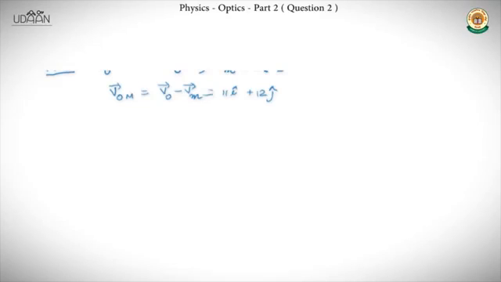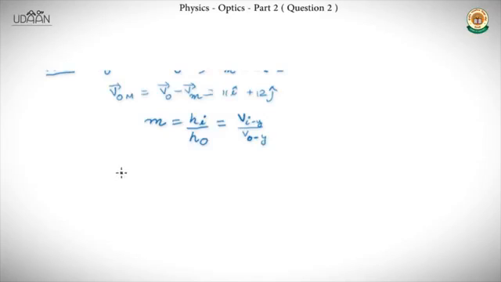So basically, we could say that the lateral magnification m, which was given by hi by ho, the height of image by height of object, is equal to the velocity of the image along the y-axis by the velocity of the object along the y-axis.